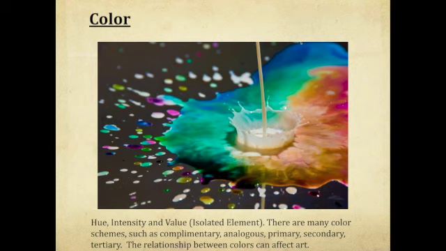The intensity, so how bright or dull the color is. We can have a really intense, bright red, like the red of our flag, or a deeper intensity, like blood red.